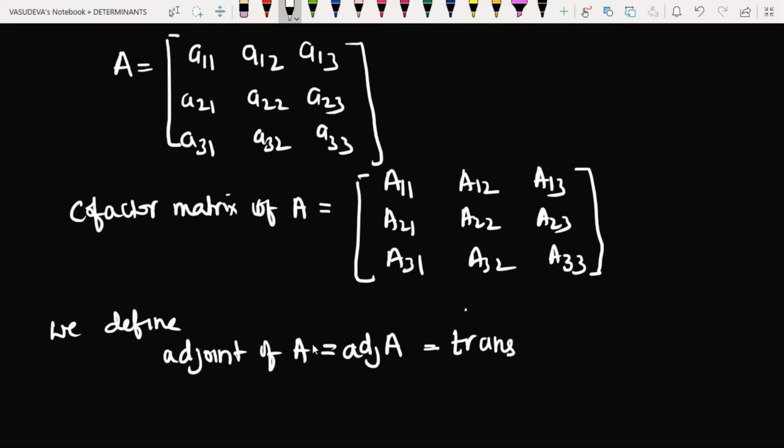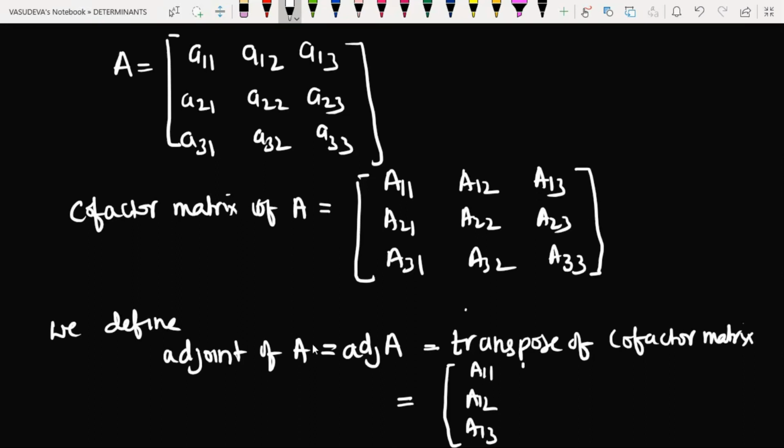We write the transpose of the cofactor matrix as capital A11, A21, A31, A12, A22, A32, A13, A23, A33. This is the adjoint of the matrix.